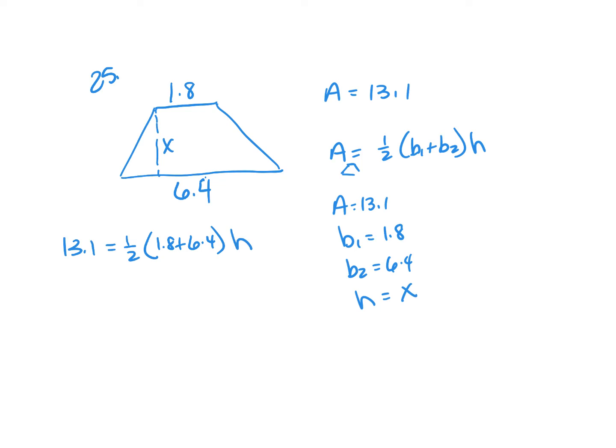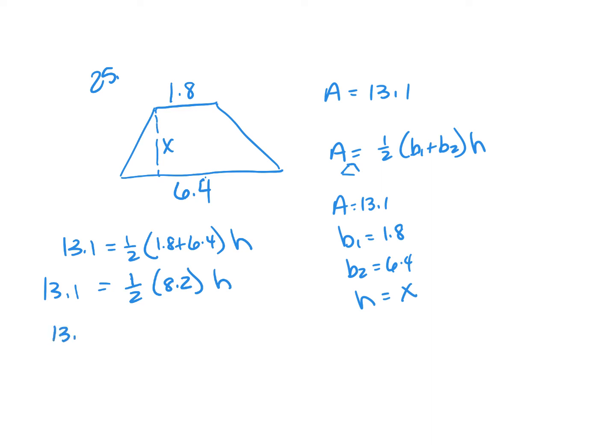So I'm going to take the 1/2 and multiply it by the 1.8 plus 6.4. 1.8 and 6.4 is 8.2, I believe. Times h equals 13.1. So now I'm going to multiply 1/2 and 8.2, and I get 4.1.